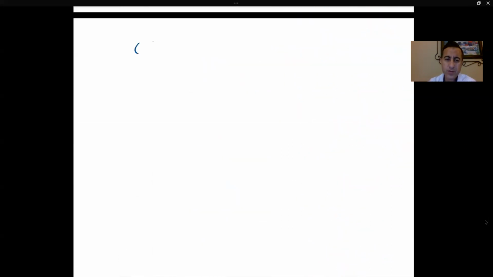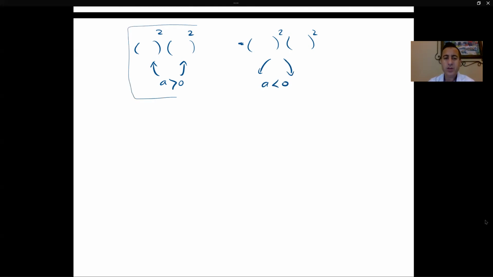So if this is, for example, 2 and a 2, so the degree is 4, then it's supposed to be this way with A positive. But if A is negative, then it's going to fall both left and right.